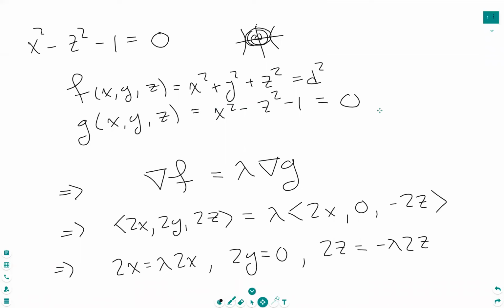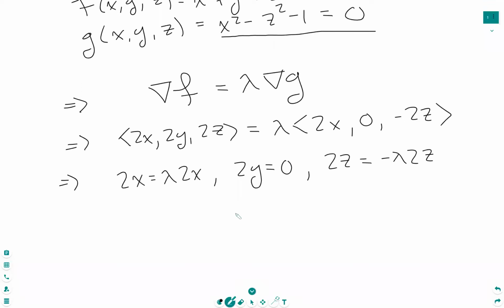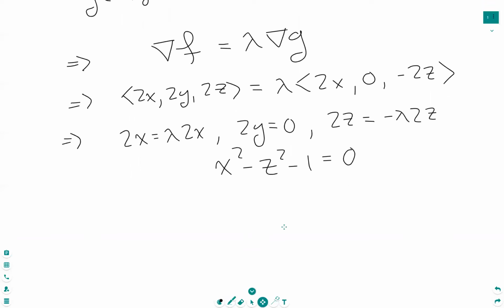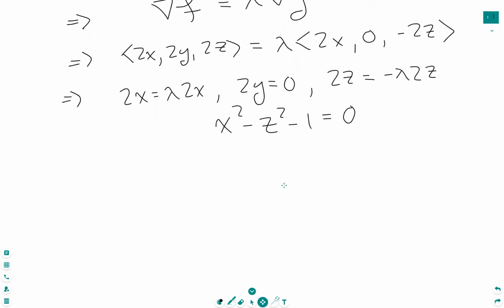It has to be true that our g is satisfied, so this is our 4th equation. We'll just throw that in: x squared minus z squared minus 1 is equal to 0. So now we have 4 equations and 4 unknowns. Let's see if we can start to solve this.